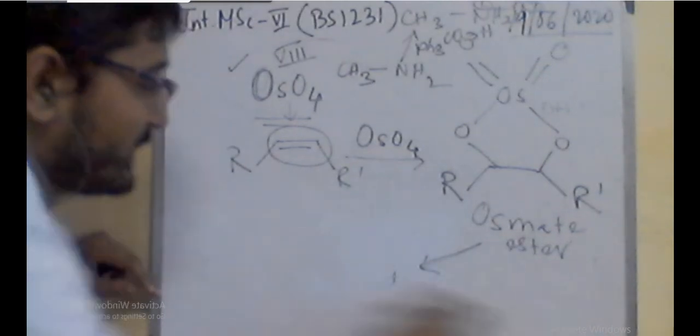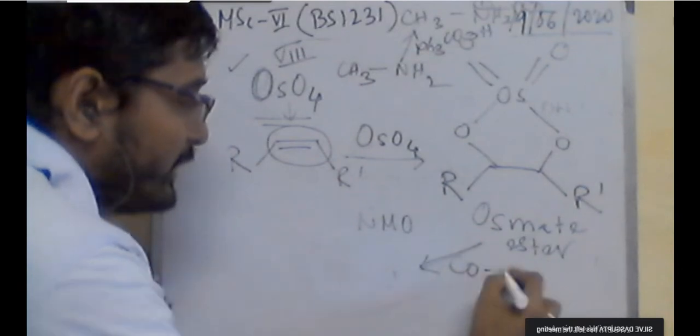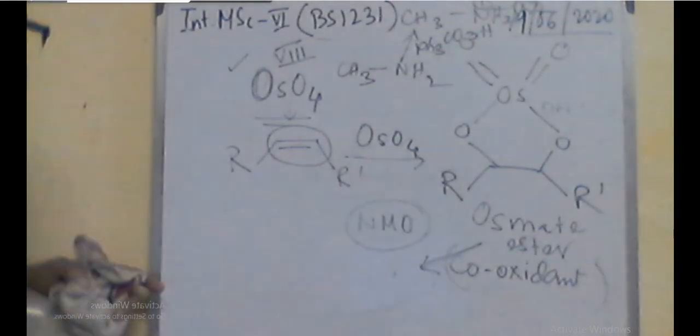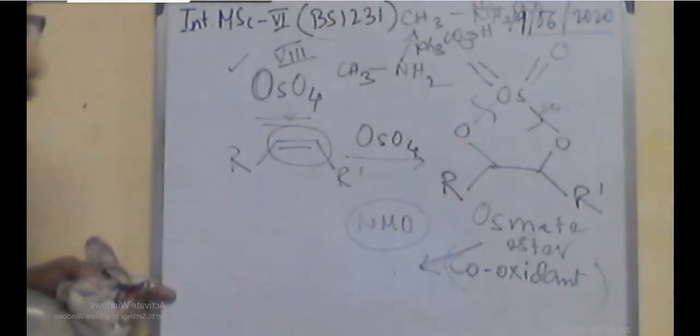So if anyone asks you how you will transform from alkene to cis diol, then you can use osmium tetroxide in presence of some co-oxidant.